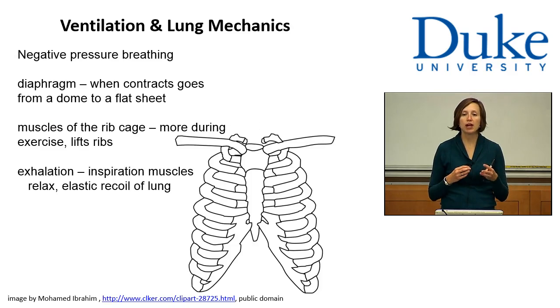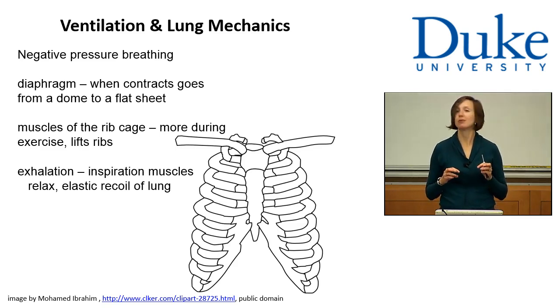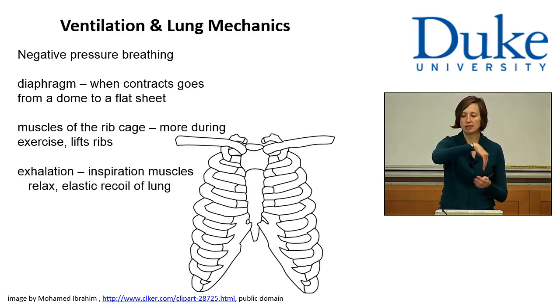We're going to move now to talking a little bit more about ventilation and how we get air in and out of our lungs. It's really important to remember that the way that we get air into our lungs is called negative pressure breathing. Basically, we are going to take our diaphragm, which is a dome-shaped muscle, and contract it.